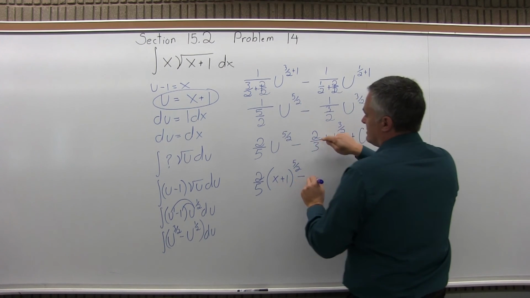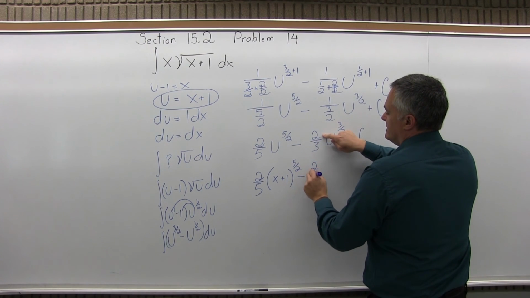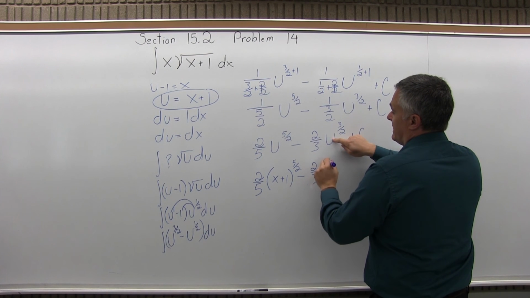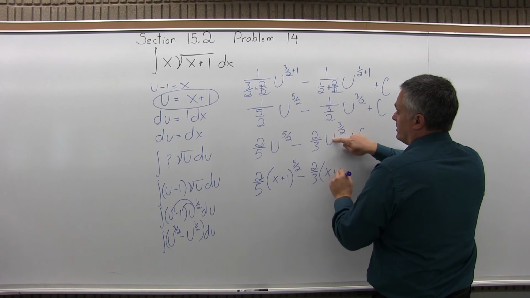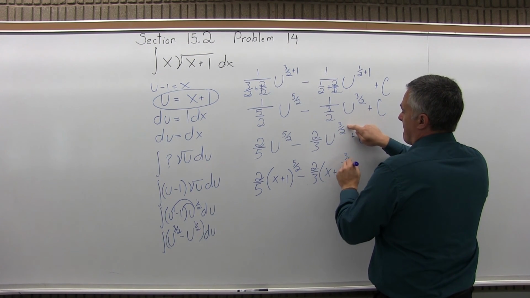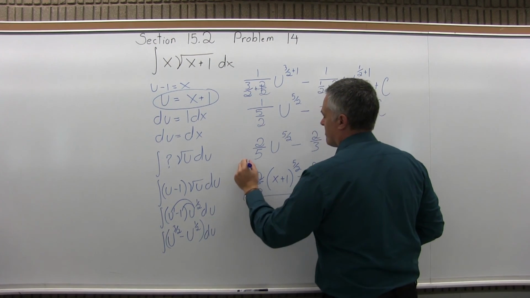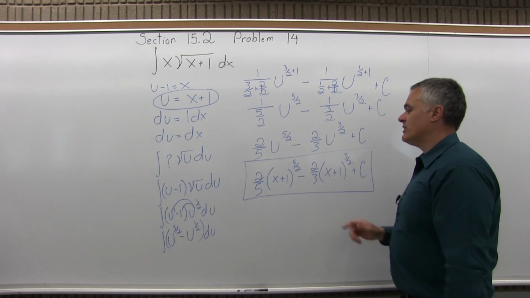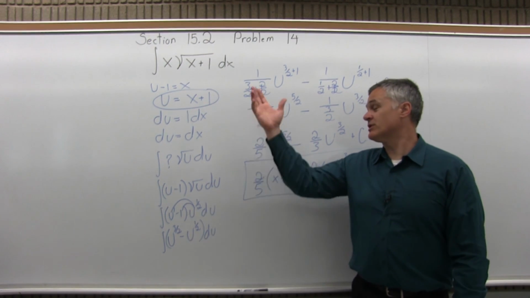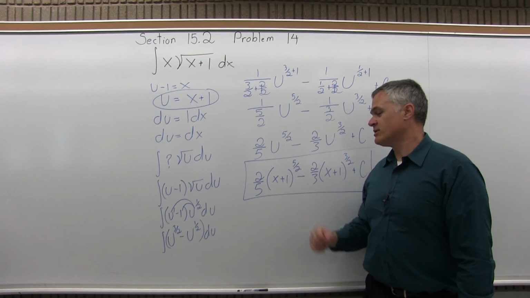Then minus 2/3. u to the 3 halves becomes x plus 1 to the 3 halves. And don't forget you have plus a constant. So that's the answer to the original integral written in terms of the original variable.